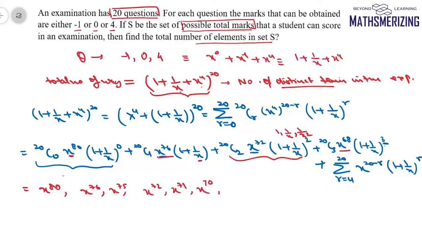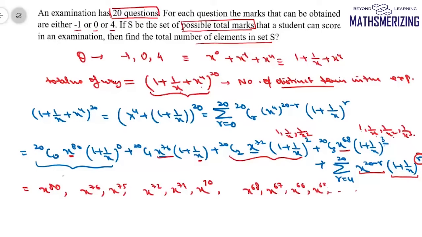Now with 68, I'll have 1 upon x, 1 upon x square and 1 upon x cube, so here I'll get x to the power 68, 67, 66, 65. And hereafter we know that r is greater than or equal to 4, so it will contain these 4 consecutive terms: x to the power 0, 1, 2, 3.